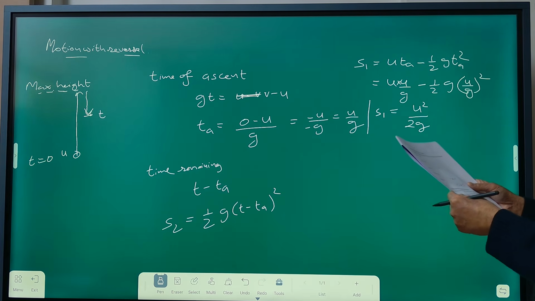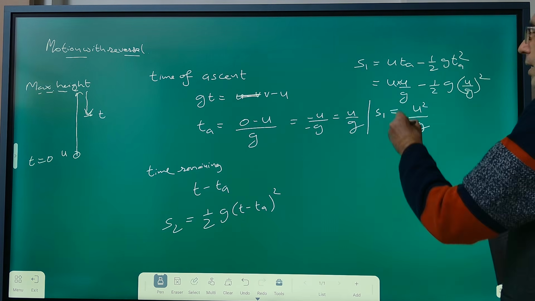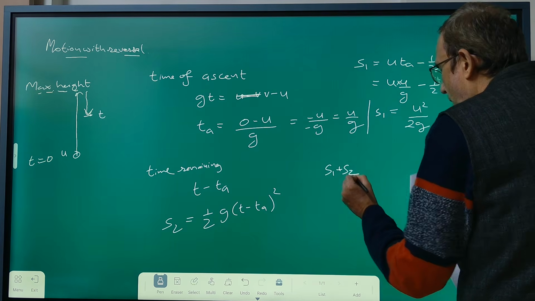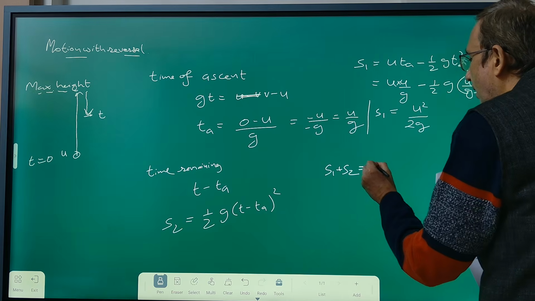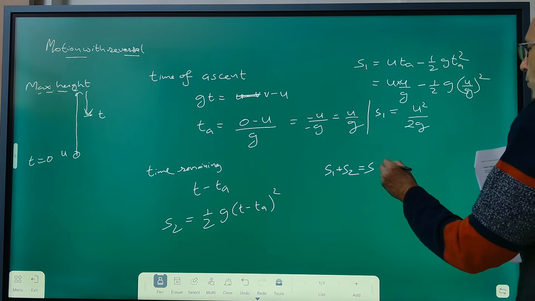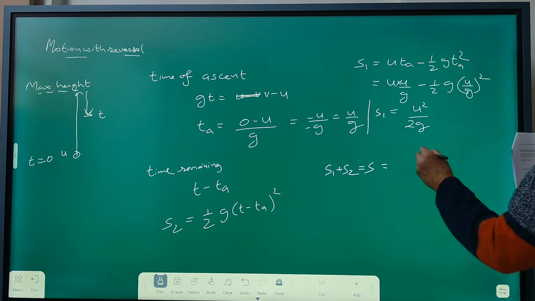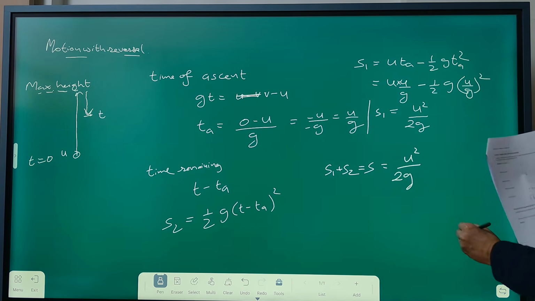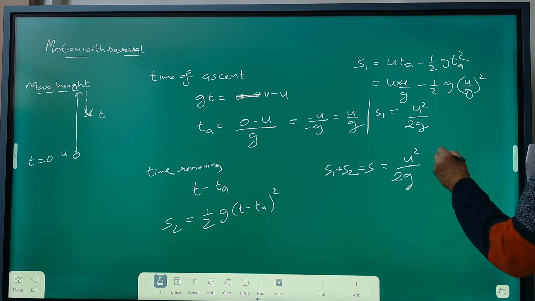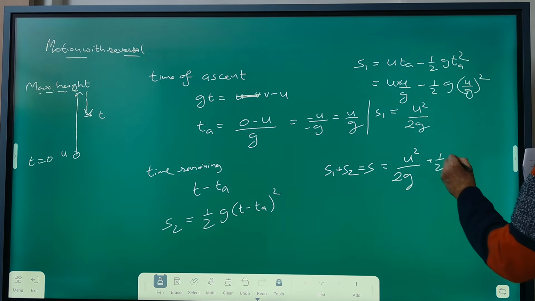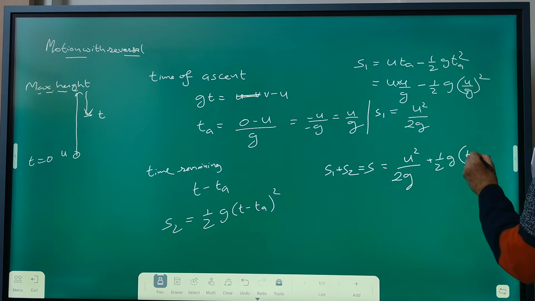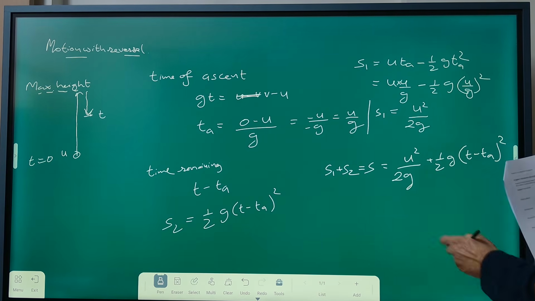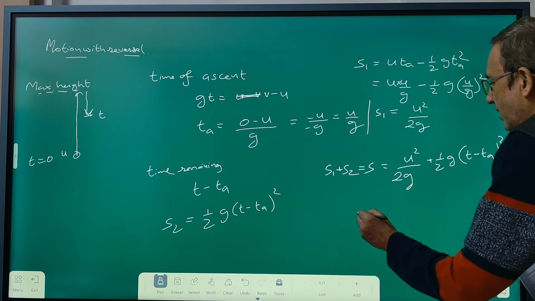So now you have these two equations, S1 and S2. So you can calculate S. The total distance is S1 plus S2, which is S, and it is equal to, you just substitute the value of S1, which is u square by 2g, and of course substitute the value of S2, which is half g (t minus Ta) whole square, and of course the value of Ta is given to you.